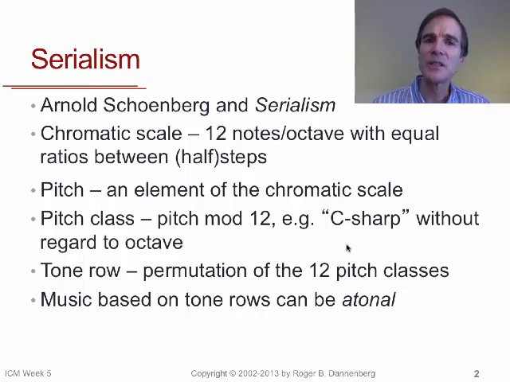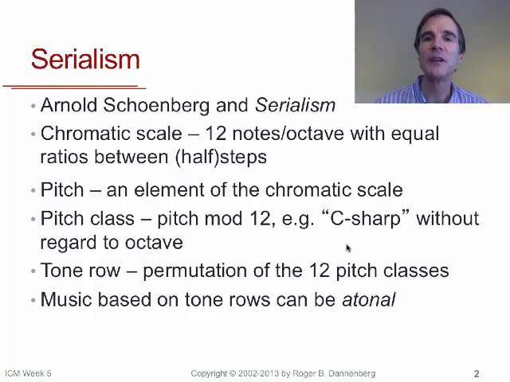Arnold Schoenberg was the champion of serialism, and he was trying to get away from the state of affairs in music, which was very much based on harmony, fairly advanced and rich harmony, but kind of rooted in tonal centers and musical scales.